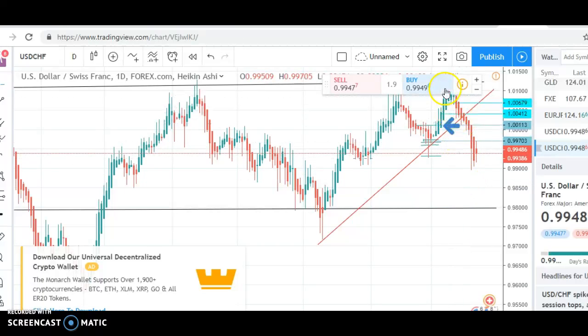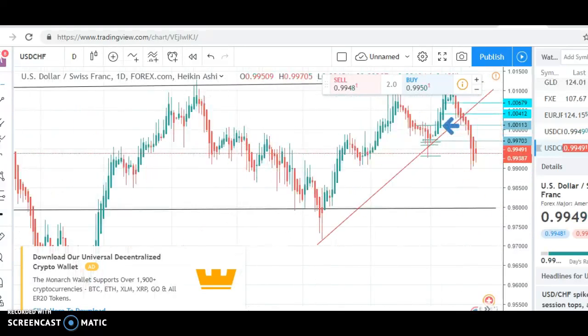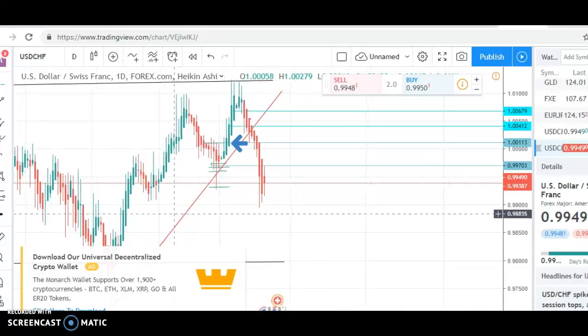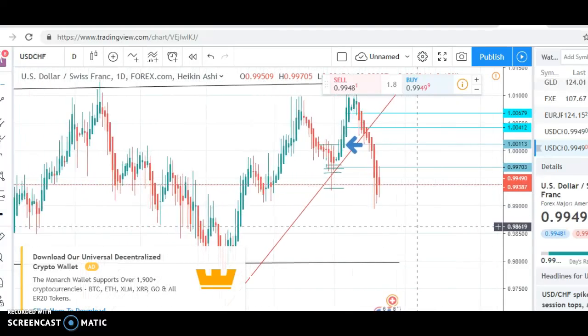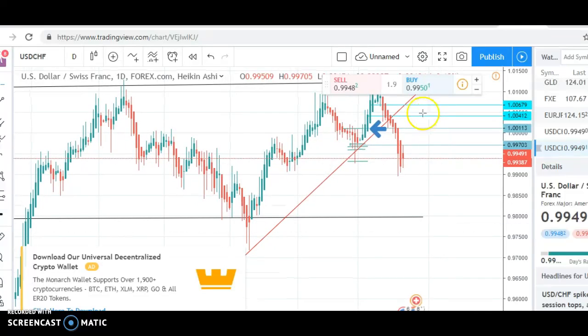It hit the resistance line and started coming down. I showed you this in the last video with you guys, and look at what's happening. I told you it would come down, and now you're expecting USD/CHF to come down to this point.